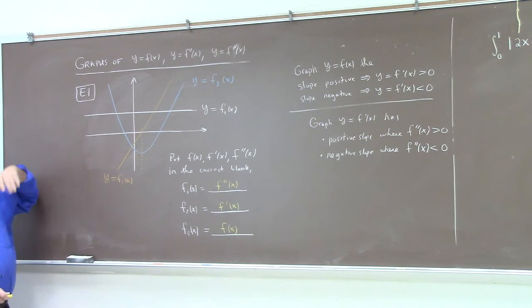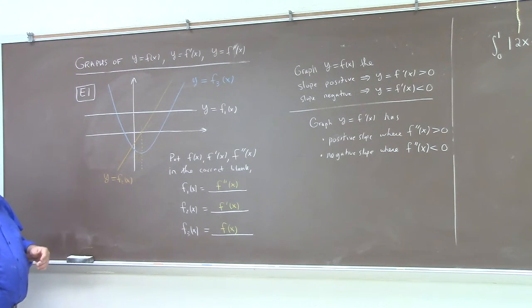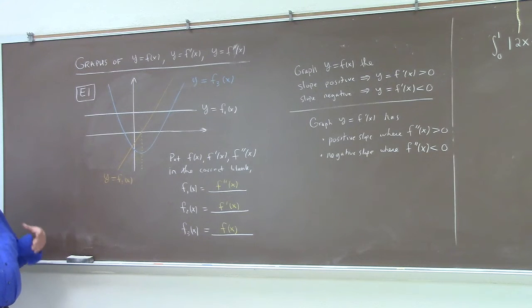So what's an important distinction between this problem and other problems we've worked is there's no formula given, right? Basically, this kind of problem starts with you being given a graph and then asking you to discern which one's the function, which one's the derivative, which one's the second derivative. Another way to ask this question is, here's a graph of 3 functions of time. Which one's the position, which one's the velocity, which one's the acceleration?